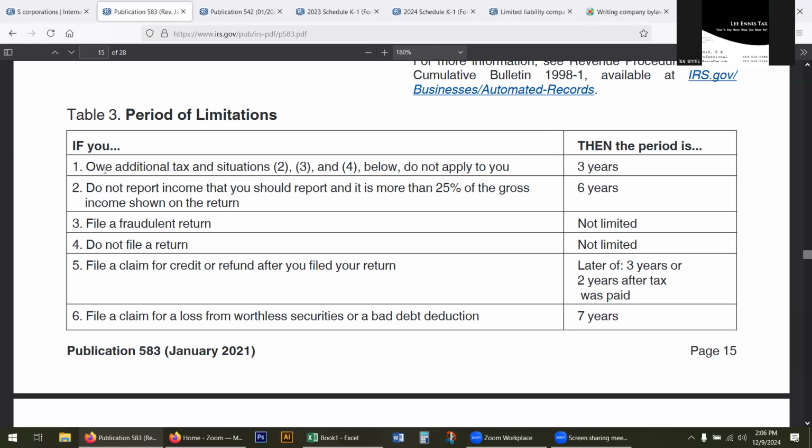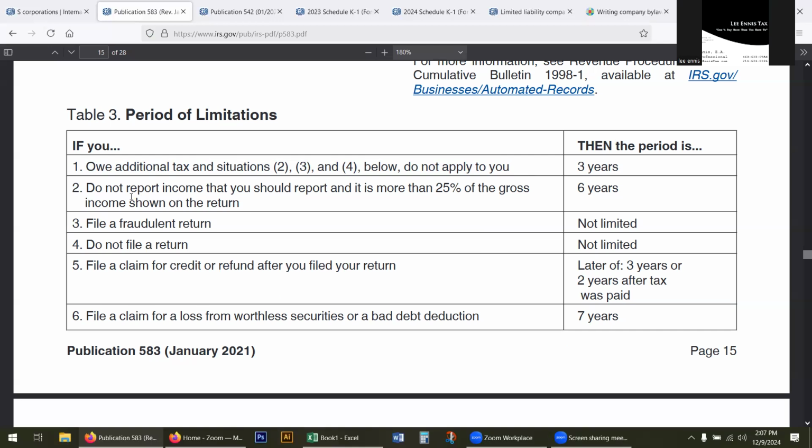Any additional tax: if the IRS wants to come back and say that you owe additional taxes because of an audit or something like that, 3 years is how long they expect you to have those records, and typically they'll audit you within that 3 year window.